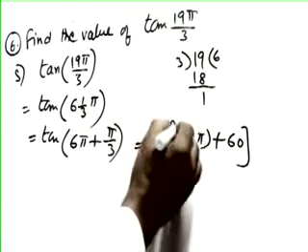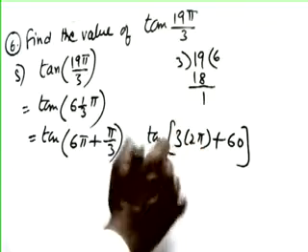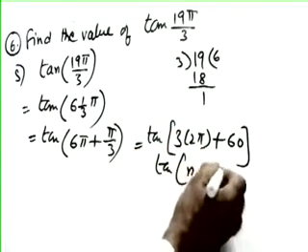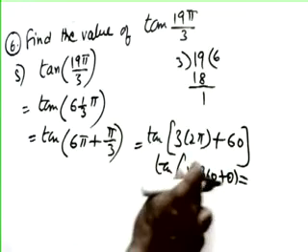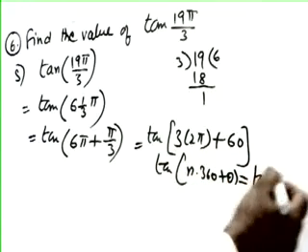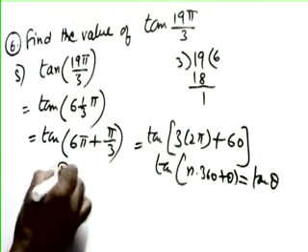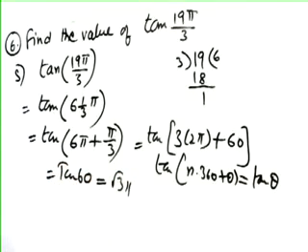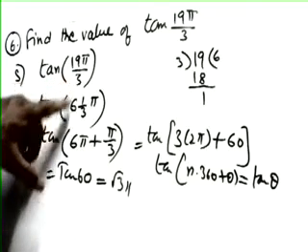Or else I write 3 here, 2 here. Now this is of the form tan of n into 2 pi, that is 360, plus theta. So tan of n into 360 plus theta is nothing but tan theta. So this will be tan 60.